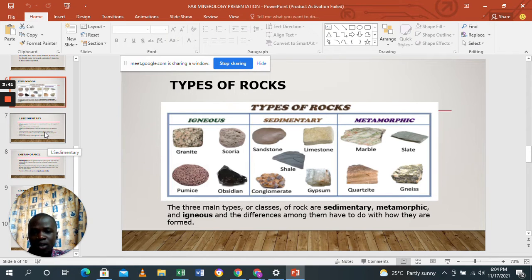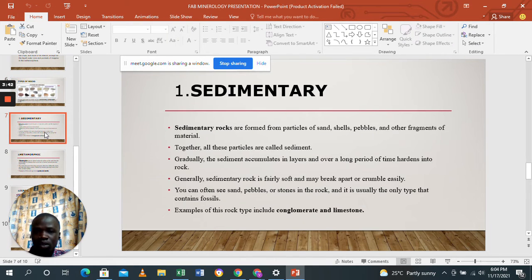We will start with sedimentary rocks. Sedimentary rocks are formed from particles of sand, shell, or any fragment of material. Together, all these particles are called sediment.